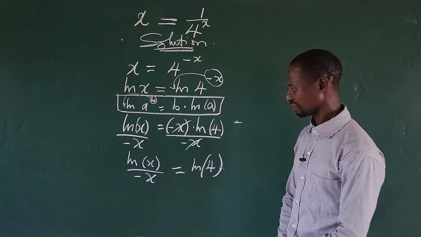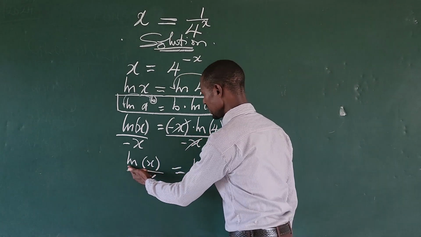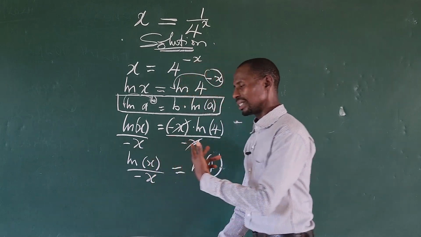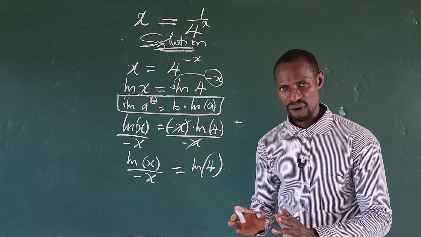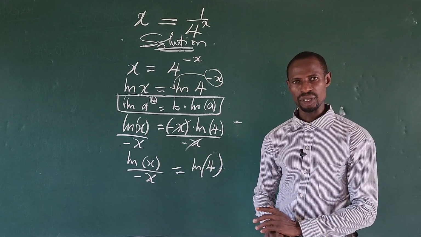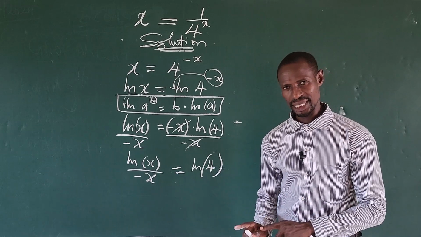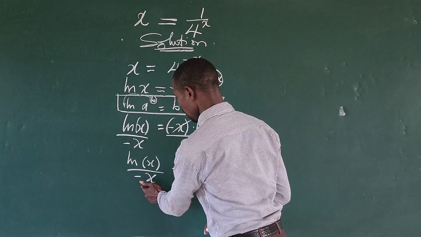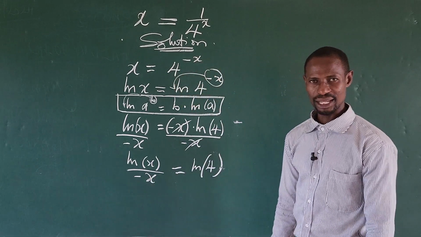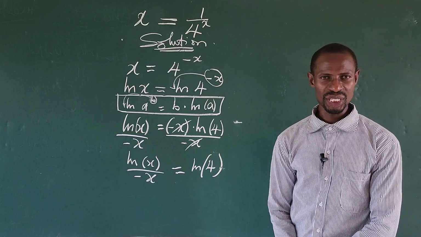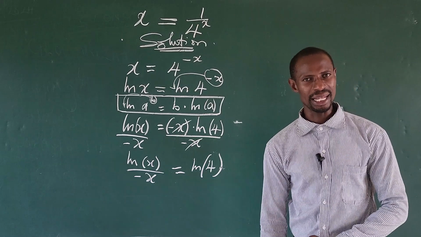Okay, so what do we do? Here we are having ln of x. We want to bring in something that will enable us to invoke what we call the Lambert W function, or the product log, into the system. And so we look into the denominator on the left-hand side of the equation. We can rewrite this denominator by introducing e to the power of ln.